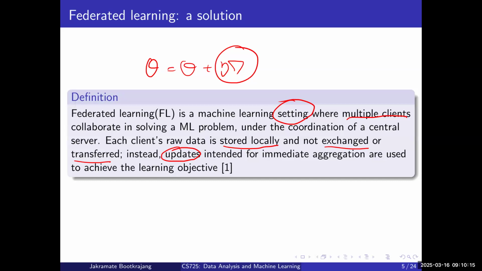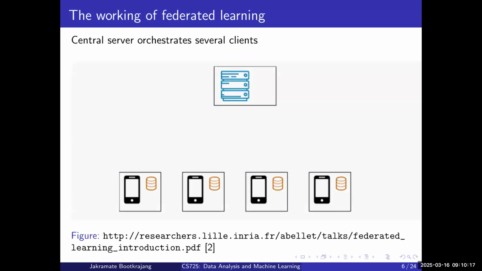So let's look at an example. We have a server. Now the server here is just a controller. There's no data in the server. And then we have all these clients, and the clients have data.